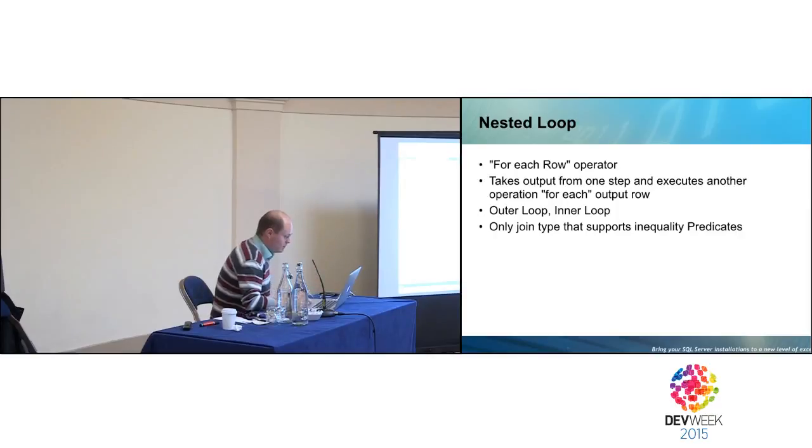I have here a simple join between 2 tables, table sales order header, sales order detail. As you can see, when we look at the execution plan, we have the nested loop operator as the physical join operator. In our case, the outer table is the table sales order header, and the inner table is the table sales order detail. We have here very, very good statistics.